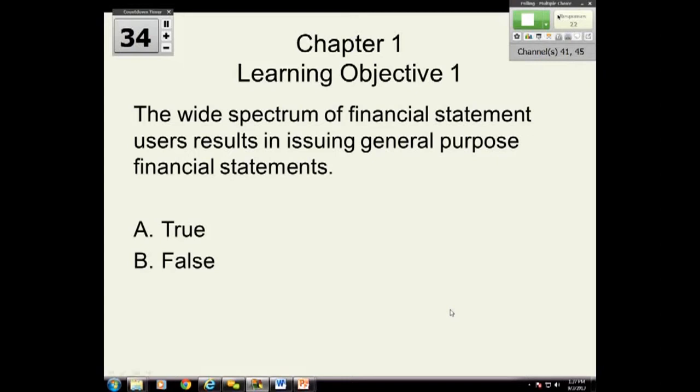So let's see if anyone's clicking in. 25, 26. All right. And the purpose, by the way, is not only to take attendance. In fact, that's just a side effect. The purpose is to initiate discussion, particularly when your answers are incorrect.